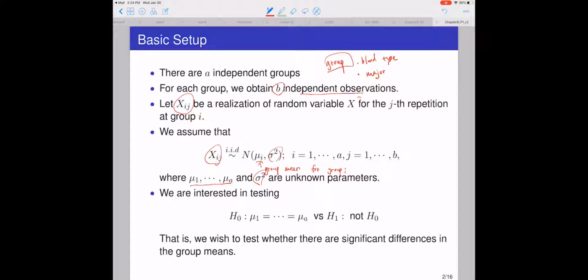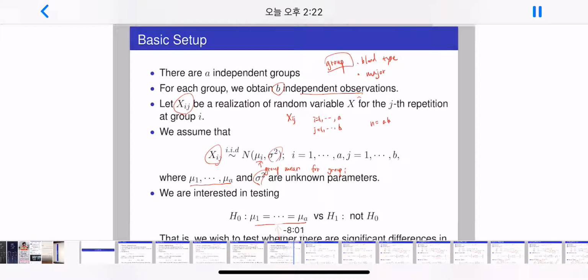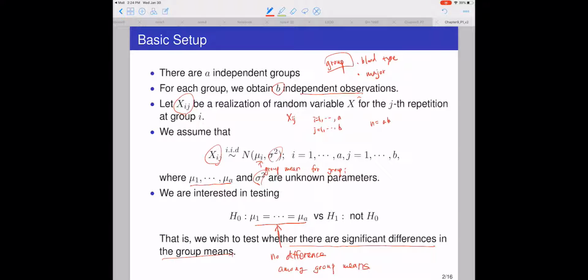And we have a data set, for i equal to 1 to A, j equal to 1 to B. So the sample size is A times B, and we are interested in testing whether there's no difference among group means, right? So we want to test whether there are significant differences in the group means or not.